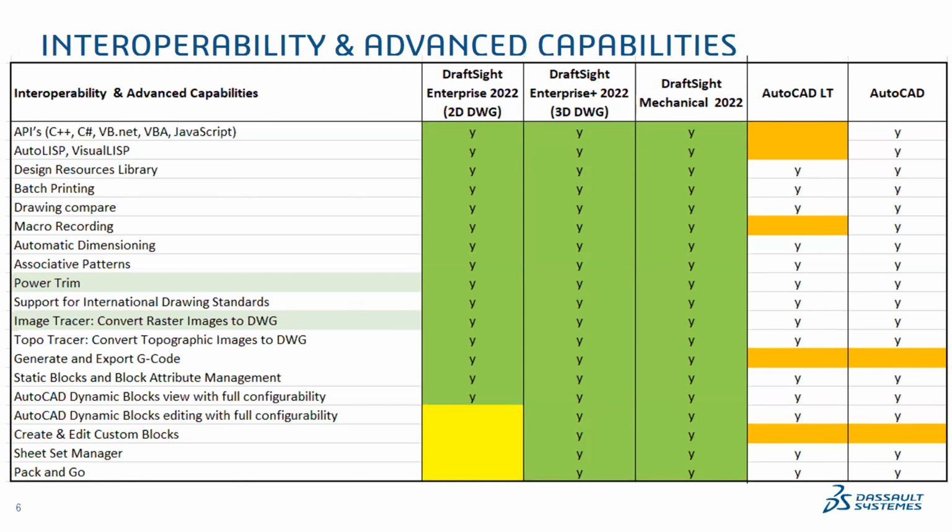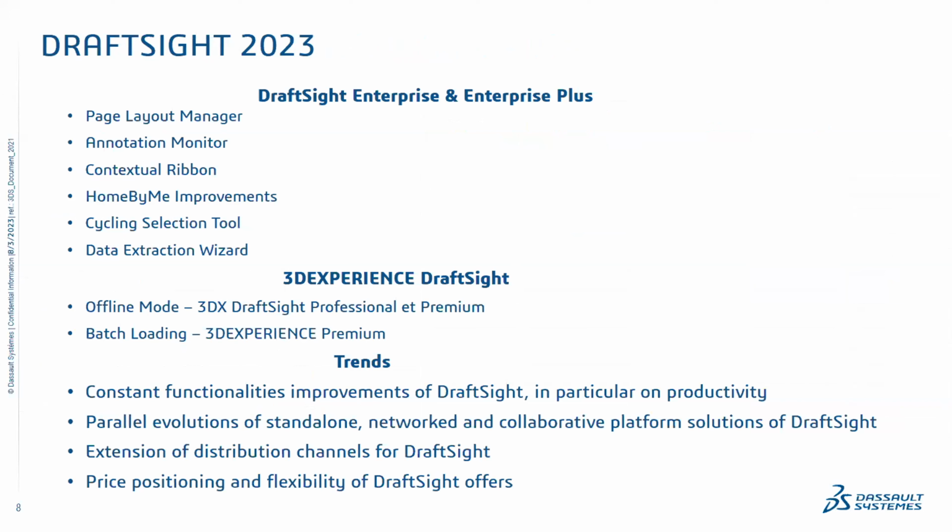So there are several versions, as I said, DraftSight Enterprise, Enterprise Plus, or 3D Experience DraftSight. You already saw in presentation of Jaco how collaboration in 3D Experience works. And if you need such a collaboration tool, it's better for you to choose 3D Experience DraftSight.